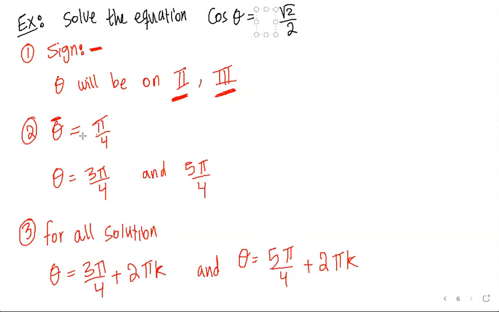I'm not going to use the reference as the answer. I'm using the angle, because by the reference I can find the angle in the second and third quadrant. Understand what I did? I did not use the reference. I used the reference just to check what the angle is in the second and third quadrant. So this is the solution.